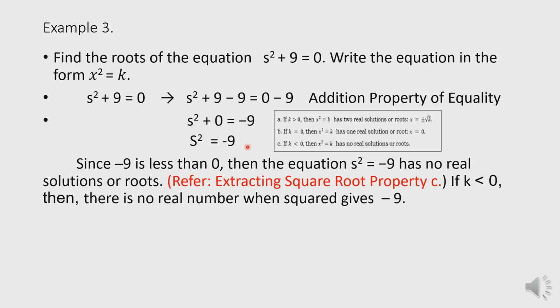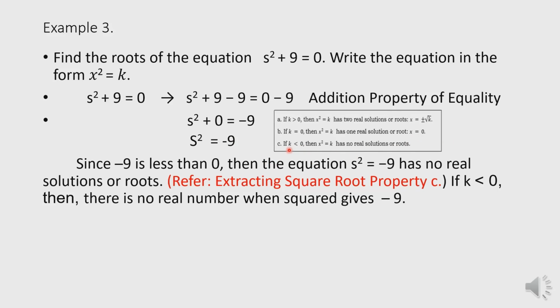From here, you can see this is our k, where negative 9 is the value of k. So since negative 9 is less than 0, then the equation x squared equals negative 9 has no real solutions or roots. Let's refer to the extracting square root property C here.